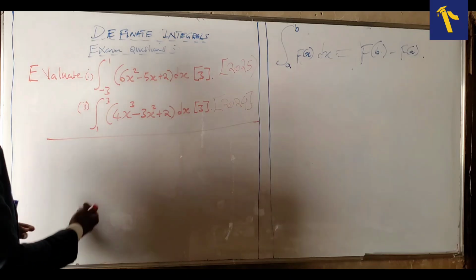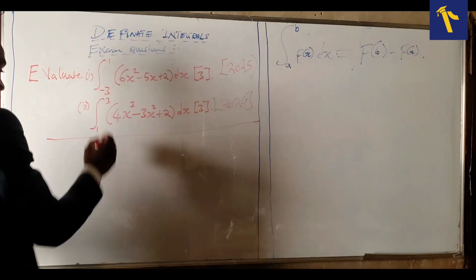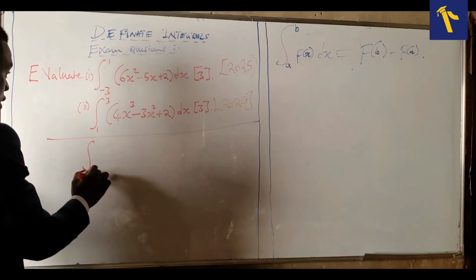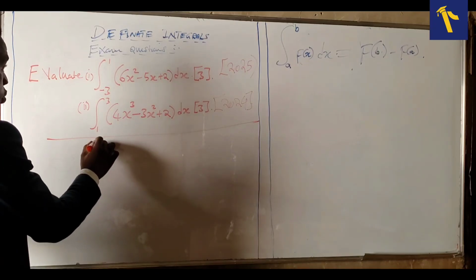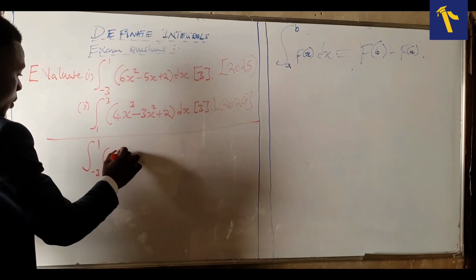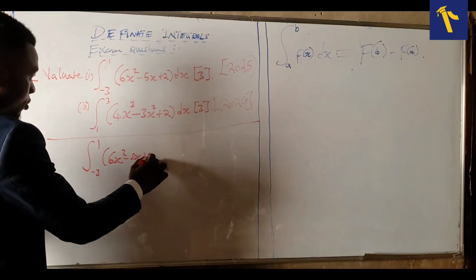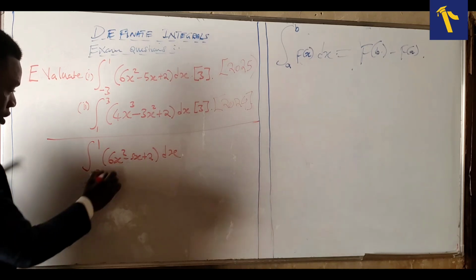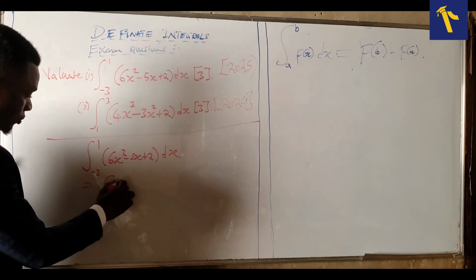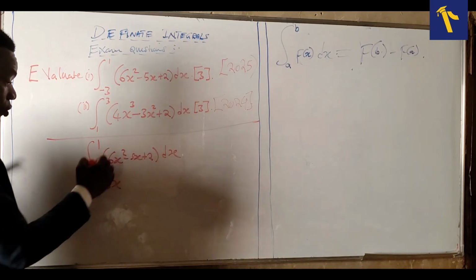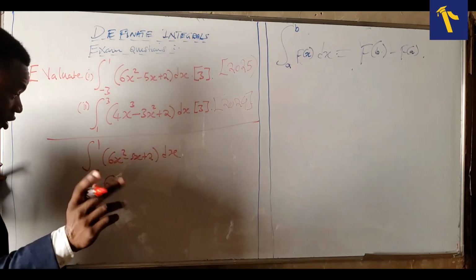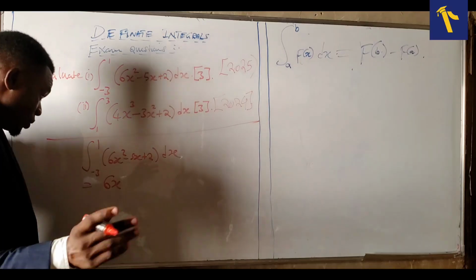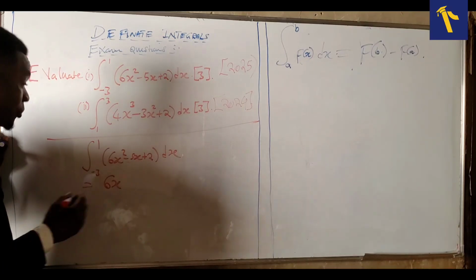Great. I'll start by integrating. The integral from -3 to 1 of x to the power 2 minus 5x plus 2 with respect to x is equal to, here I'm going to have x. Remember, the power increases by 1, and whatever overall power you get, you divide by it, as we did in the previous video.